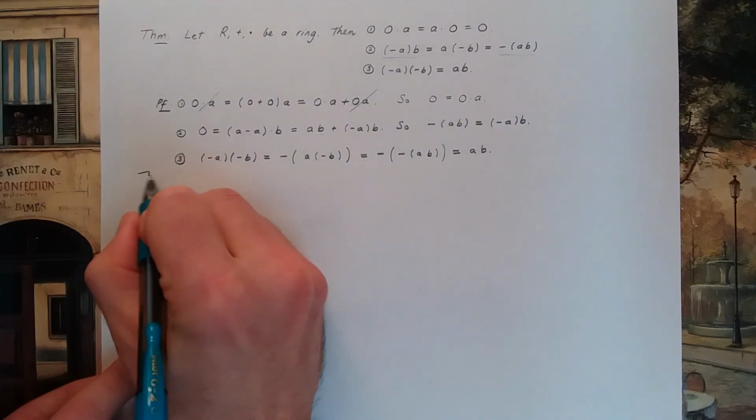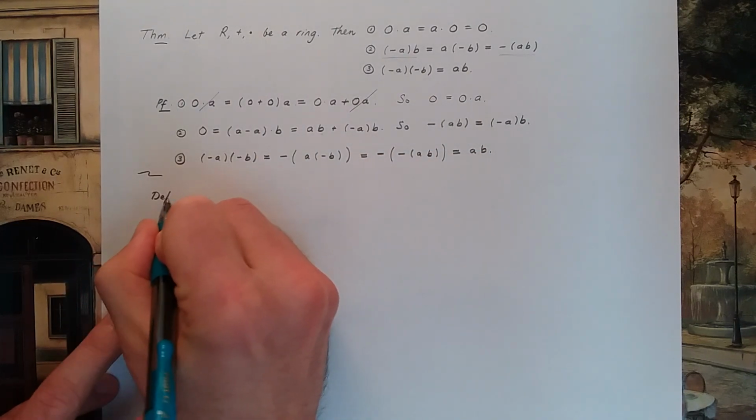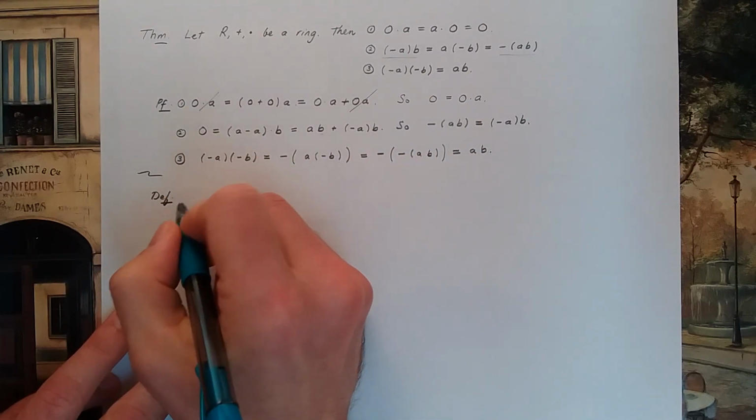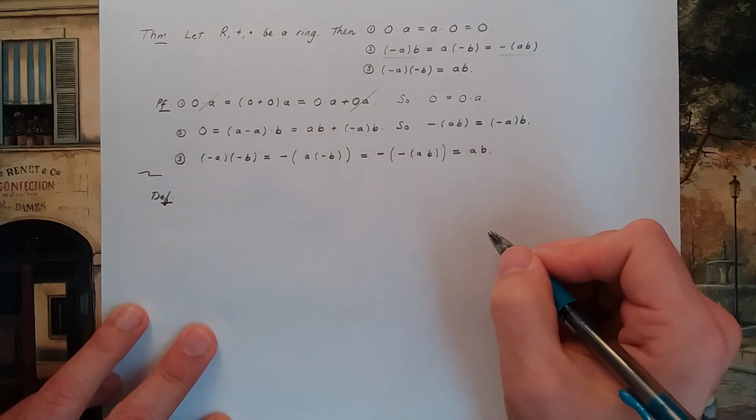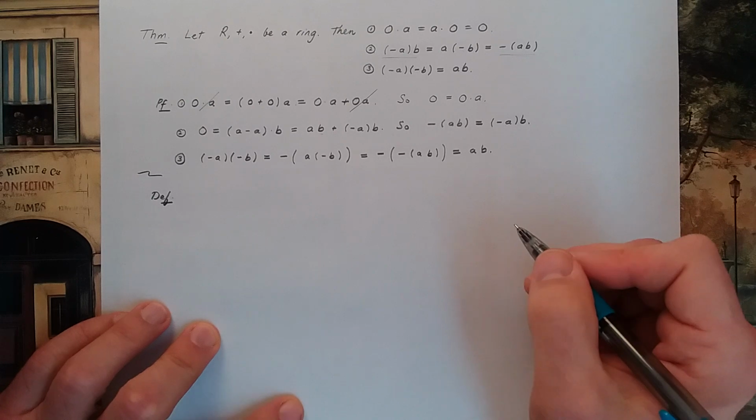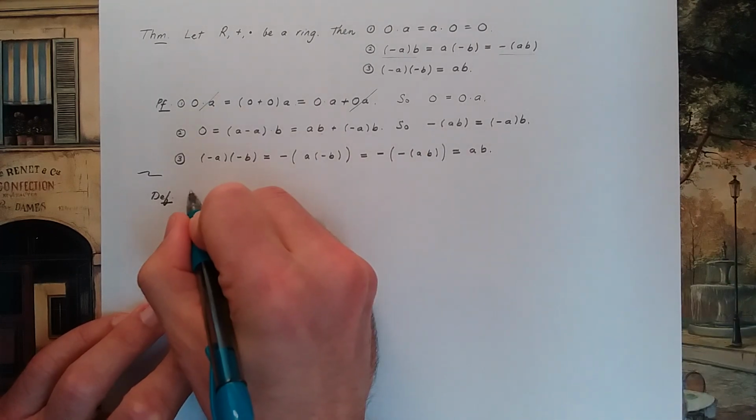Okay, let's make a few definitions. These two definitions that I'm going to make to end this video should be familiar from our study of group theory. So let's see.